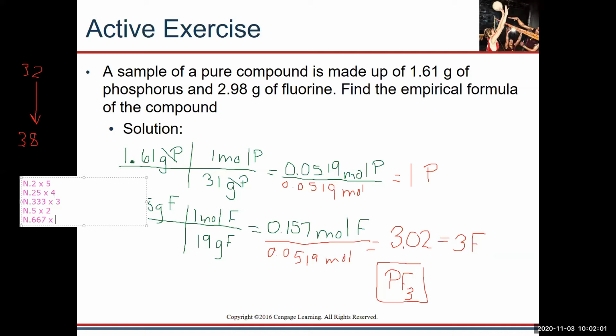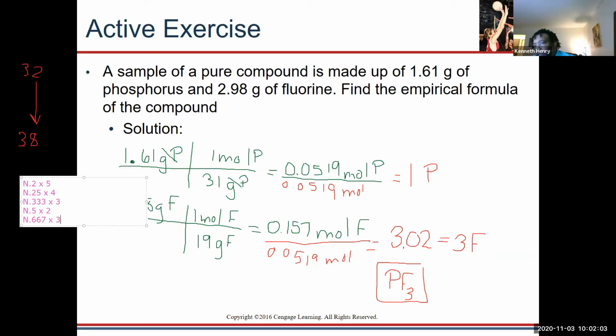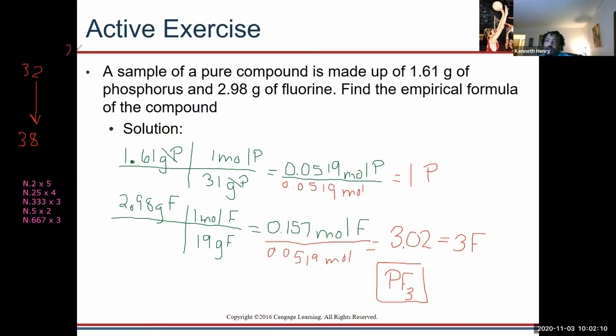Would it be 3? Yes, you multiply it by 3. That's right, because 0.667 is 2/3, right? So if I do 2/3 times 3, the 3's are going to cancel out, and then I'm just left with 2.